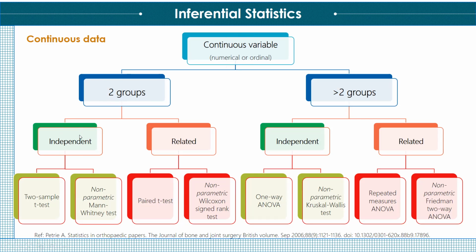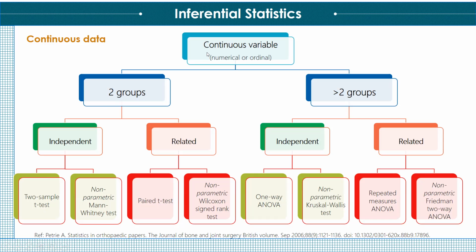Again, the patients are independent unless you have follow-up longitudinal data, which would be related. But in an independent cross-sectional study, you will use the two sample t-test, specifically if your data is normally distributed. Your continuous variables, such as age, if it's normally distributed, you will use the t-test to compare those who've been intervened versus those who have not.